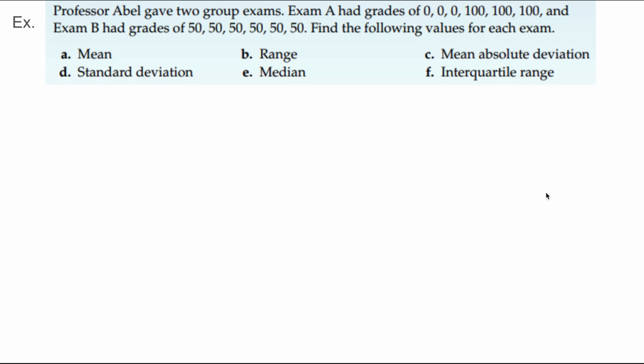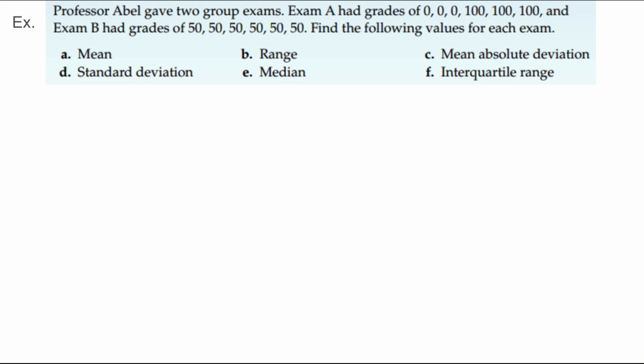Okay? So in this example, exam A has mean 50, mean absolute deviation of 50, and standard deviation of 50 as well. Exam A also has a median of 50 and an interquartile range of 100. Reporting the 3 measures of spread together in each case demonstrates that the scores are widely spread away from the mean and median, right?